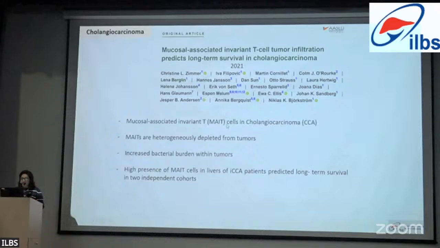This publication showed that MAIT cells in cholangiocarcinoma are heterogeneously depleted. In patients with depletion of these MAIT cells, there is an increased bacterial burden within the tumors, and a high presence of MAIT cells in liver cancer or cholangiocarcinoma predicted long-term survival in two independent cohorts. So the MAIT cell number in ductal reaction cells is actually good, and if they are depleted, those patients have lesser survival.